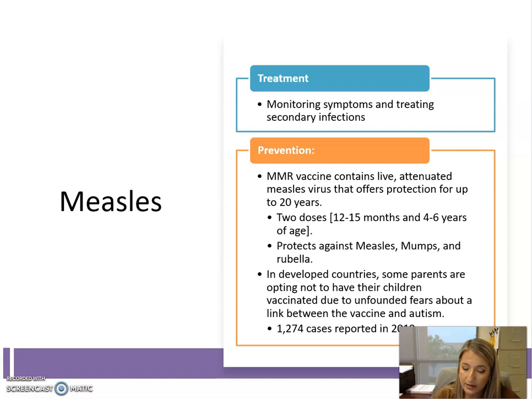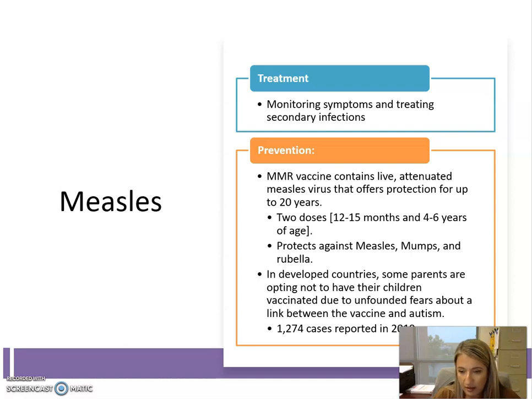That study was eventually proven to be fraudulent. That author lost his license, but unfortunately, some individuals still back that movement, and it has created a larger portion of individuals who are refusing to get vaccines such as MMR.